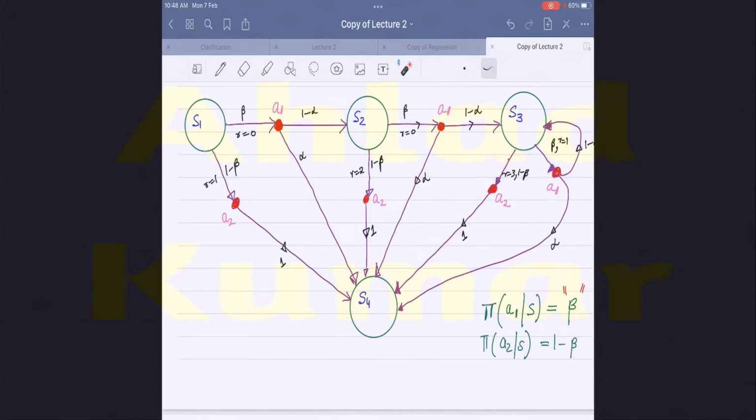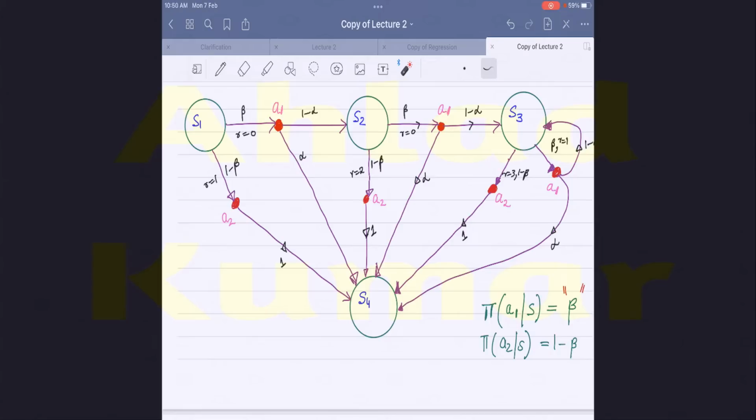Next, if you observe, we are also noting down the specific rewards if you are moving from state S1 to S2 or S1 to S4. If you are moving from S1 to S2, the reward is given as 0. If you are moving from S1 to S4, the reward we are putting as 1. Similarly, if you are moving from S2 to S3, the reward is given as 0. And if you are moving from S2 to S4, the reward that is given is equal to 2.